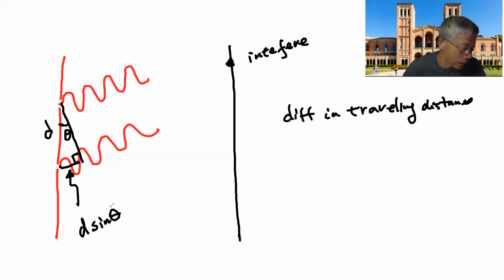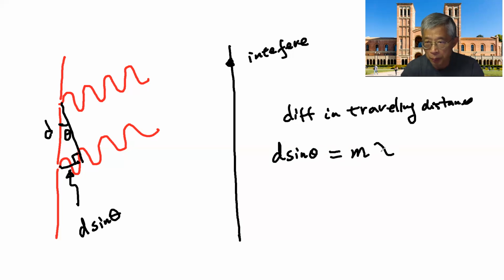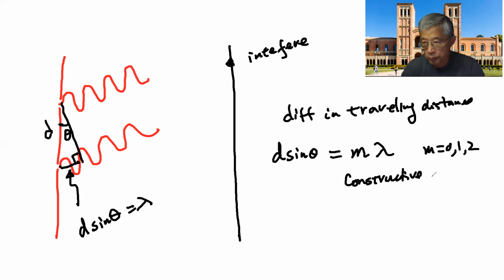So if this d sine theta is equal to m times lambda, and this m can be 0, 1, 2, right? When it's 0, basically there's no difference, right? And it's 1 if this is equal to lambda, and this m is equal to 1, right? So this is when the constructive interference happens.